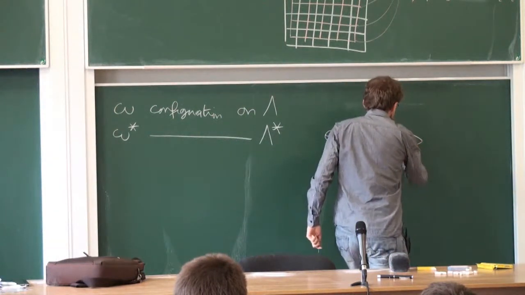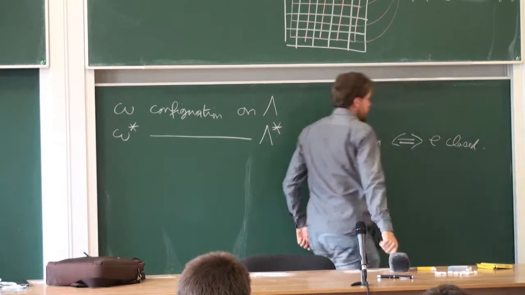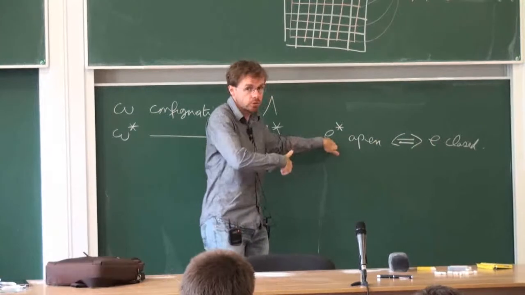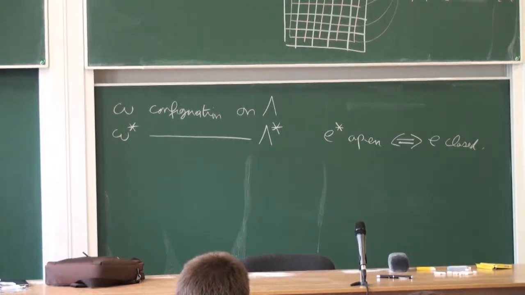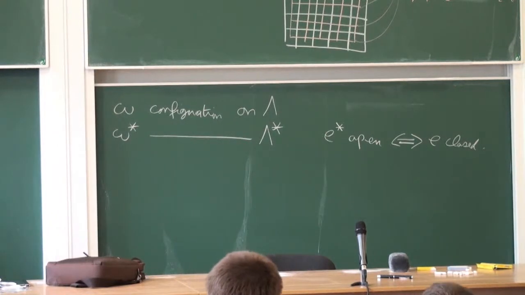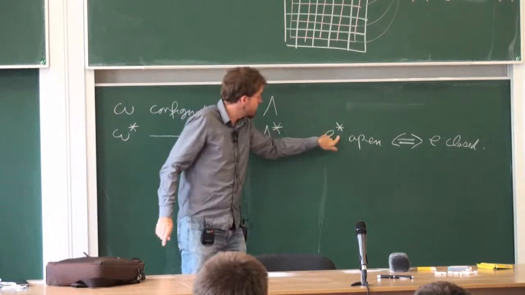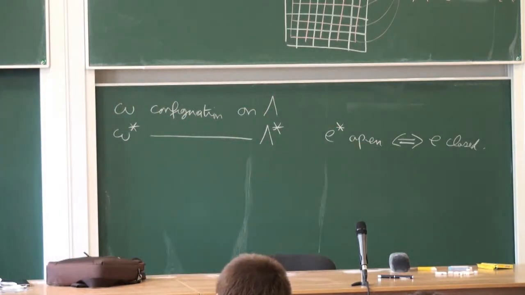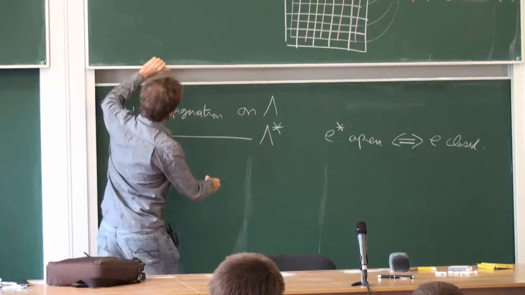So this if and only if E is closed. And vice versa, if E is open, then E star is closed. So what it tells you is, if a component in omega is surrounded by closed bonds, it means that it's surrounded by dual bonds that are open for the dual configuration, and it means that it's surrounded by a circuit in the dual configuration.